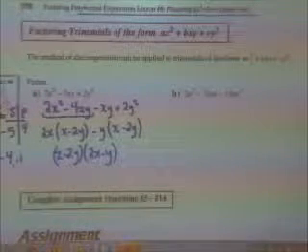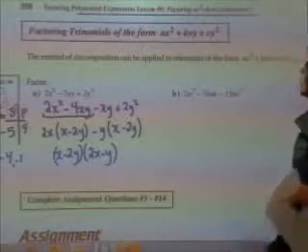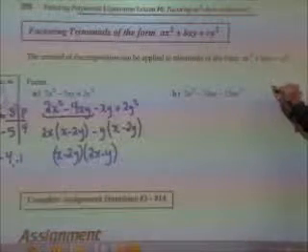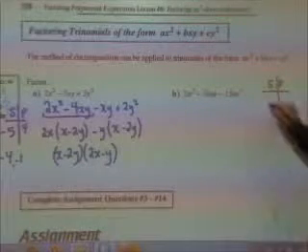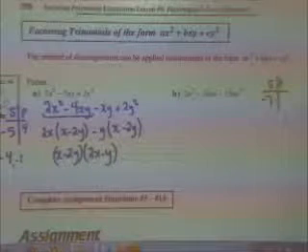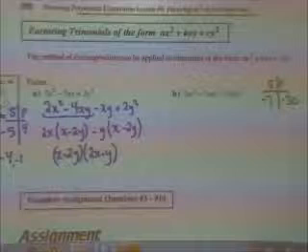And finally, the last example, I have my sum and product chart again. My sum would be -7 and my product? -30. So if my product is negative, I know that one of my numbers has to be positive and one has to be negative.